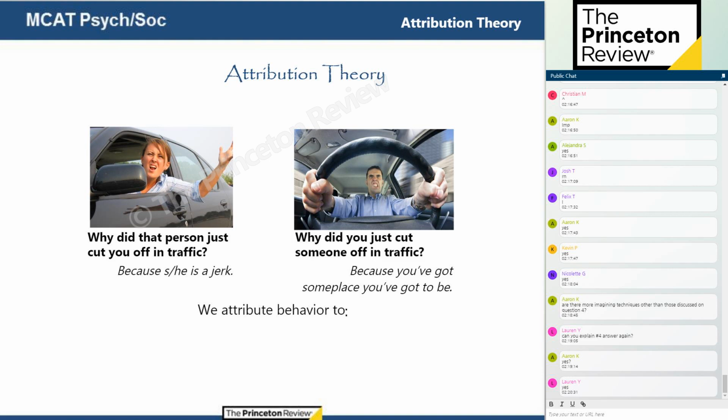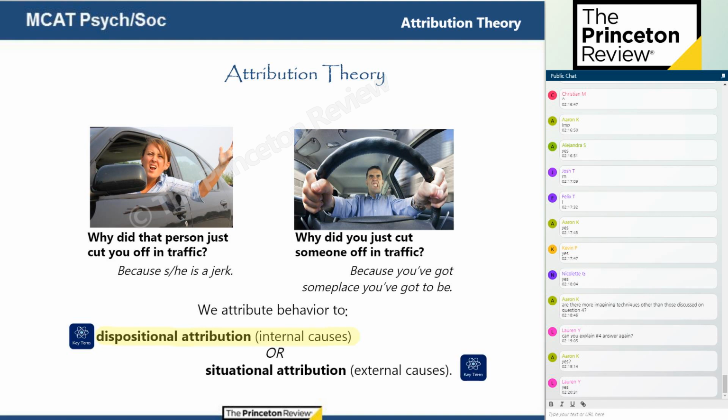Okay. These are two different ways we attribute behavior. One way is a dispositional attribution. We attribute it to internal causes, something about the person. The other are situational attributions, external causes, something about the situation. So which is which?